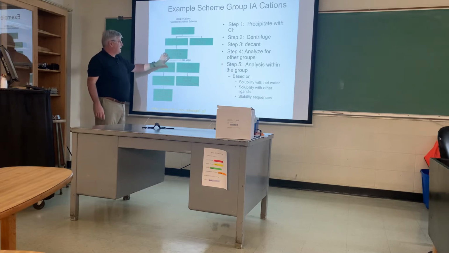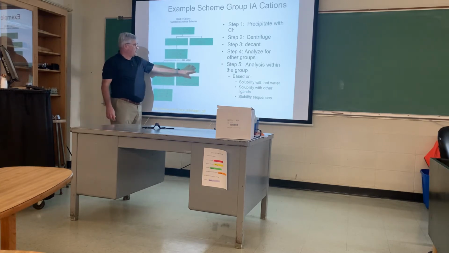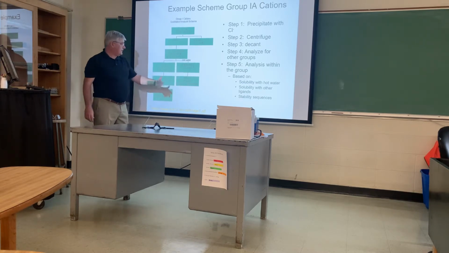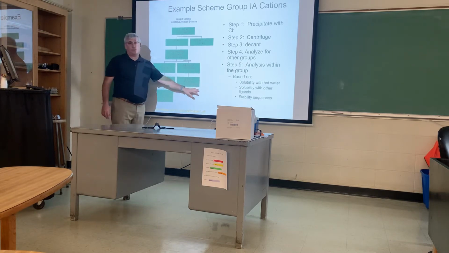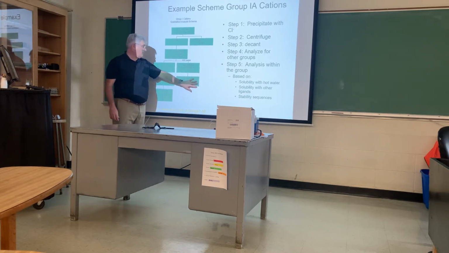Now, to do a separation, if I add hot water and the solid dissolves, then the supernatant may contain lead. To confirm that, I could add chromate, and the lead chromate would precipitate as a bright yellow color. So that would be a confirmation.